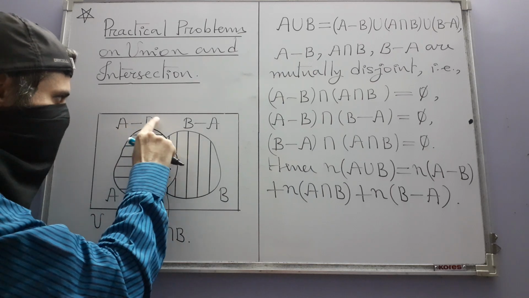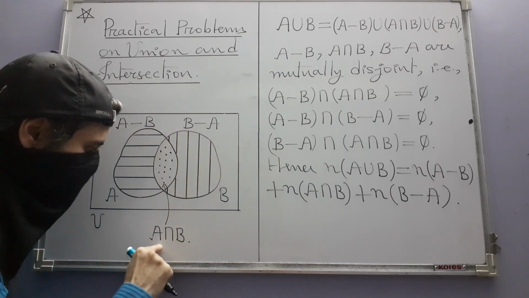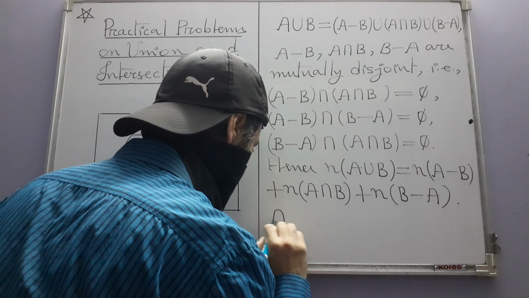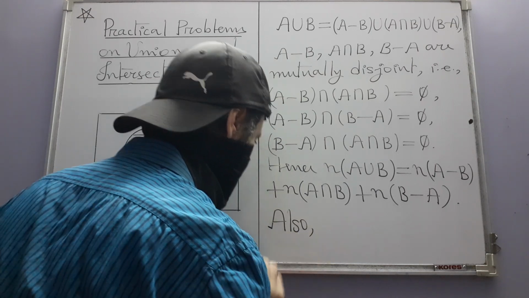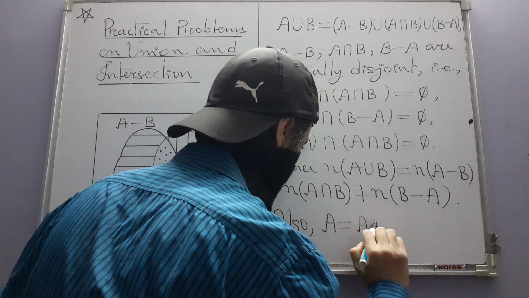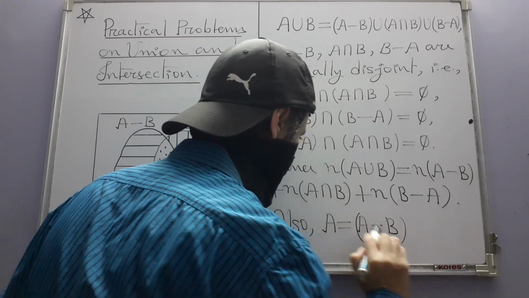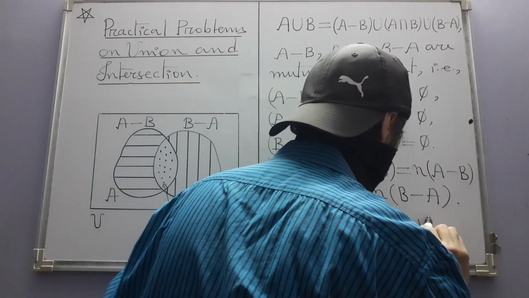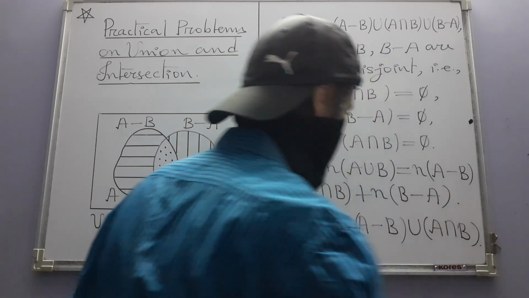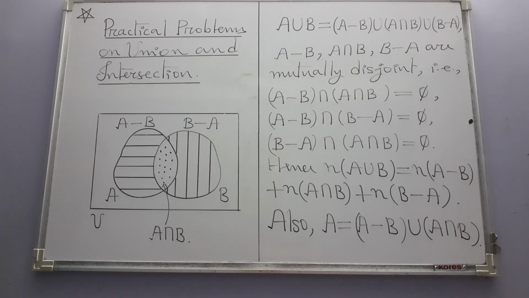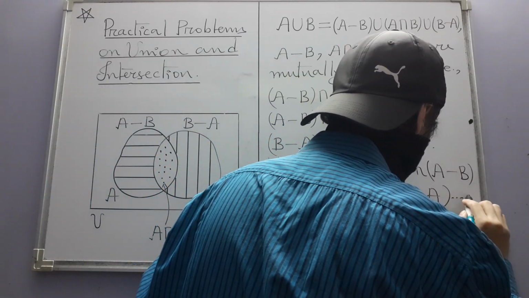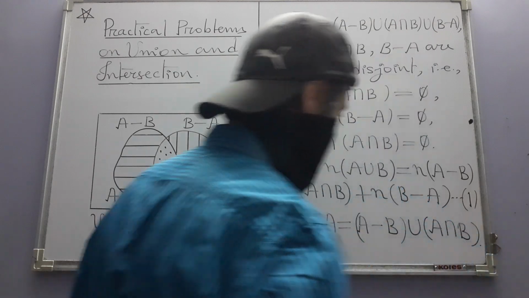One of them is A difference B and the other is A intersection B. That's why we can also write A is equal to A difference B union A intersection B. Okay, let me just give this equation some number, say equation 1.